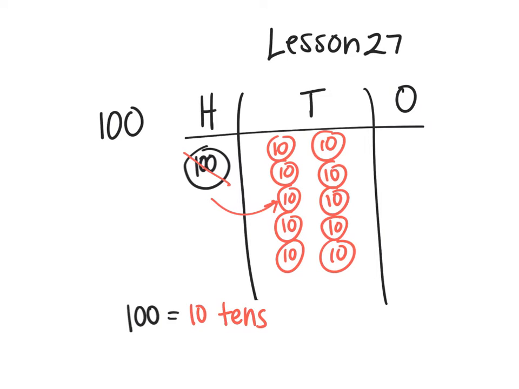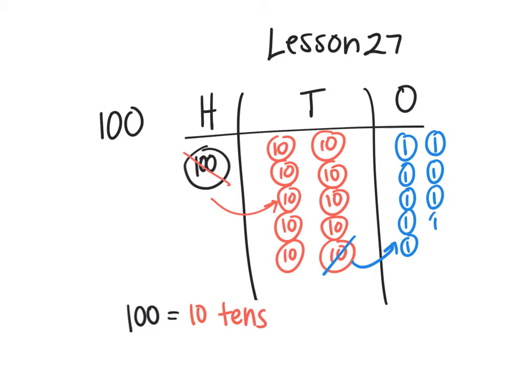But now maybe I want to even break that down even farther. So what I'm going to do is unbundle another 10 into my ones place. So I have 1, 2, 3, 4, 5, 6, 7, 8, 9, 10. What I have now is, instead of 10 tens, I have 9 tens over here. I have 1, 2, 3, 4, 5, 6, 7, 8, 9 tens.